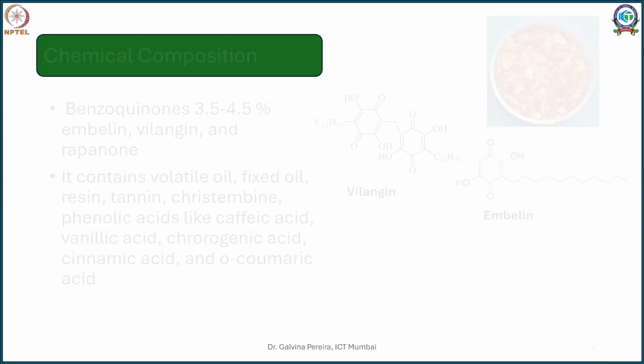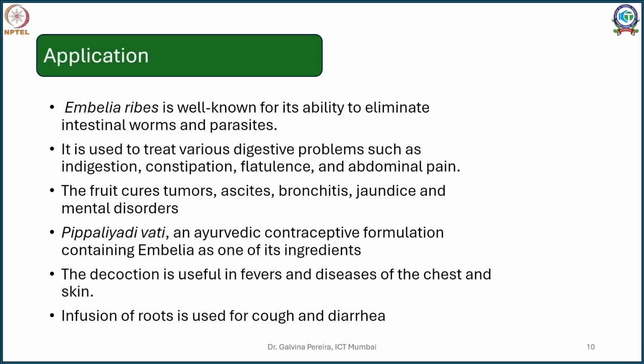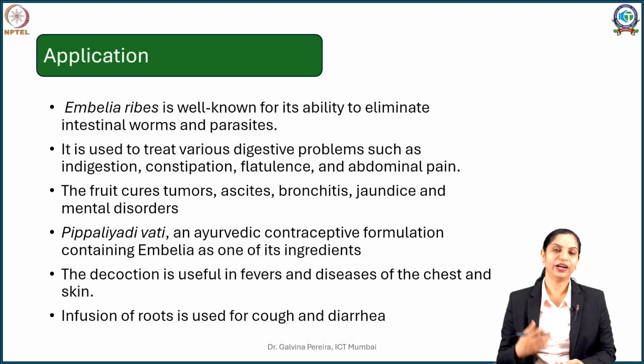Now, where do you use embelin? Embelia is known in Ayurveda and it has been used traditionally even in folklore medicine. Like I said, the decoction of the fruits is given to eliminate the intestinal worms as well as parasites. Not only that, consuming this water or the decoction of Embelia has been reported to give you relief from abdominal issues such as indigestion, constipation, flatulence, or even abdominal pain.